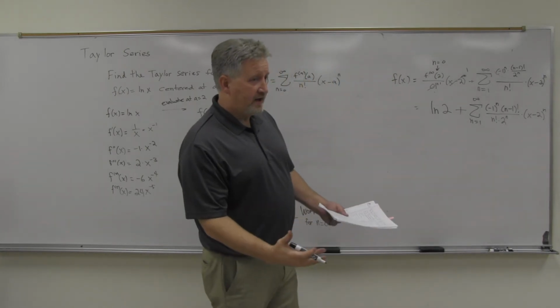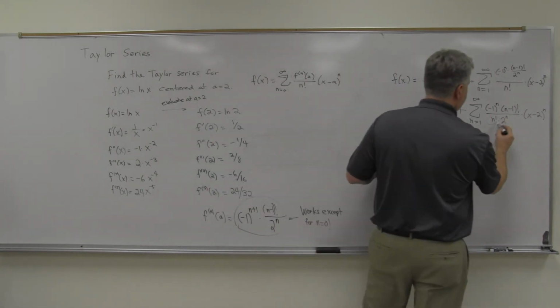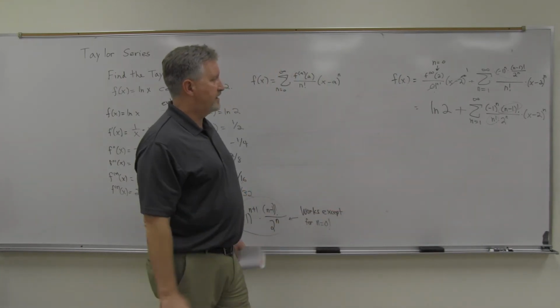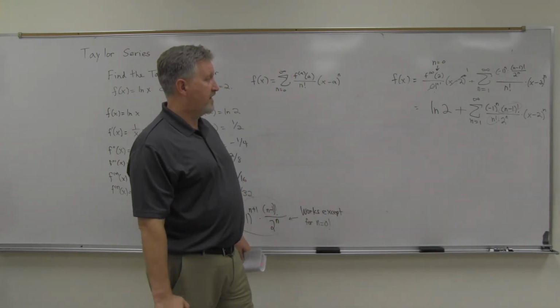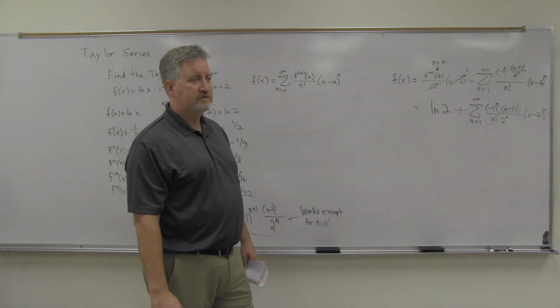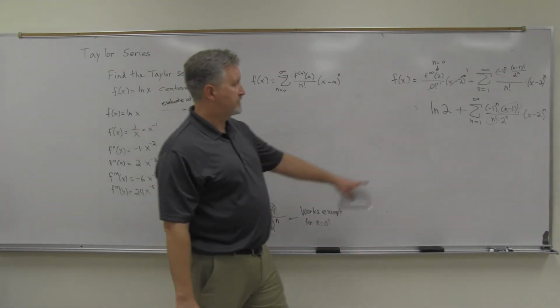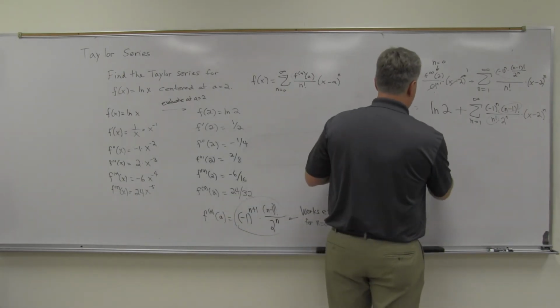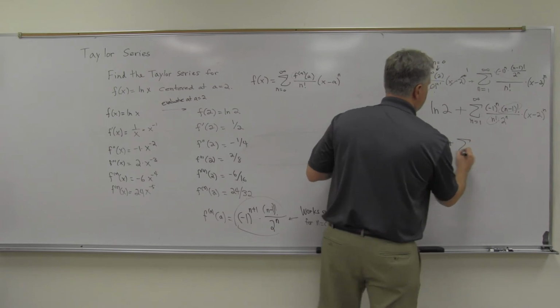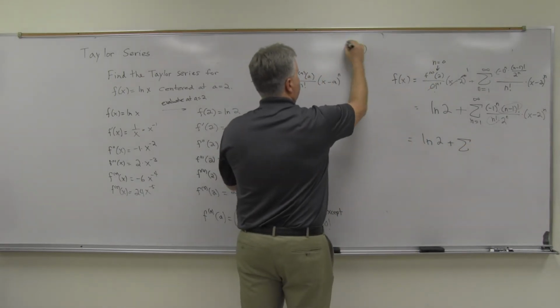But then I do have a little bit of factorial stuff I can maybe do a little canceling on. How's that going to cancel? Because I don't think we've had it where we had an n minus 1 factorial. How's that going to cancel with the n factorial? Let's do it over here.